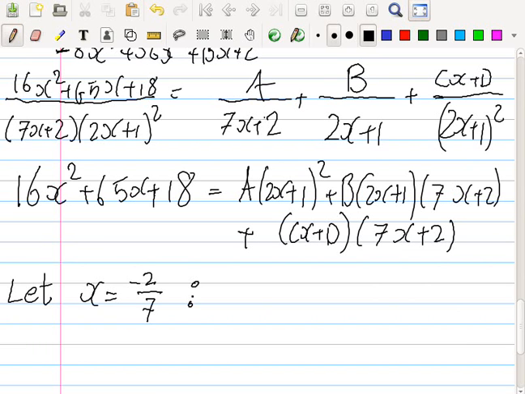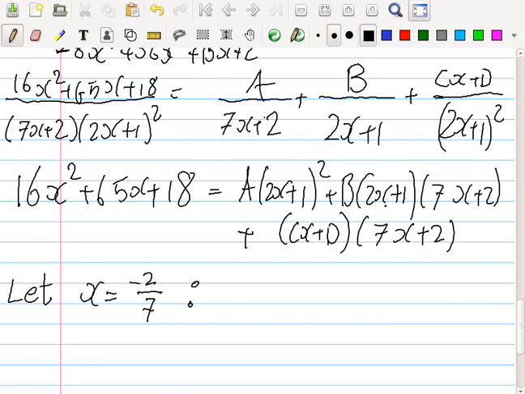So what do I get on the left? 16. Actually, maybe somebody with a calculator can put the x in here, minus 2 over 7. So, Hassan, do you have your calculator? And Kurdi, you can be backup. Make sure you get the same answer. So, put x is minus 2 over 7.